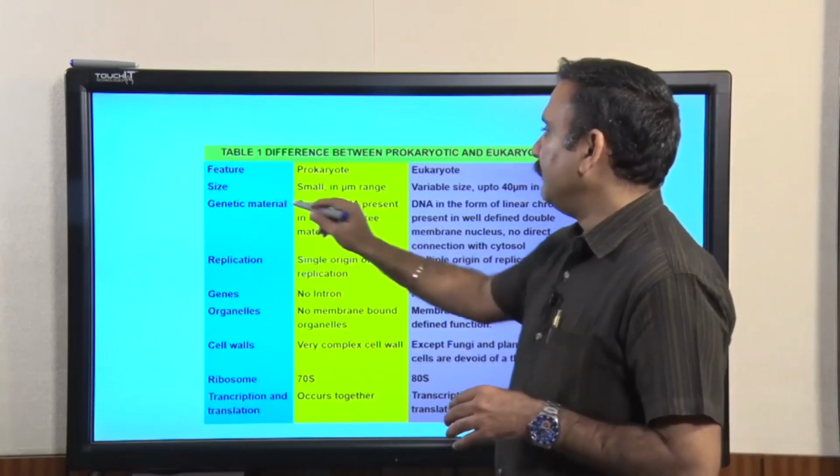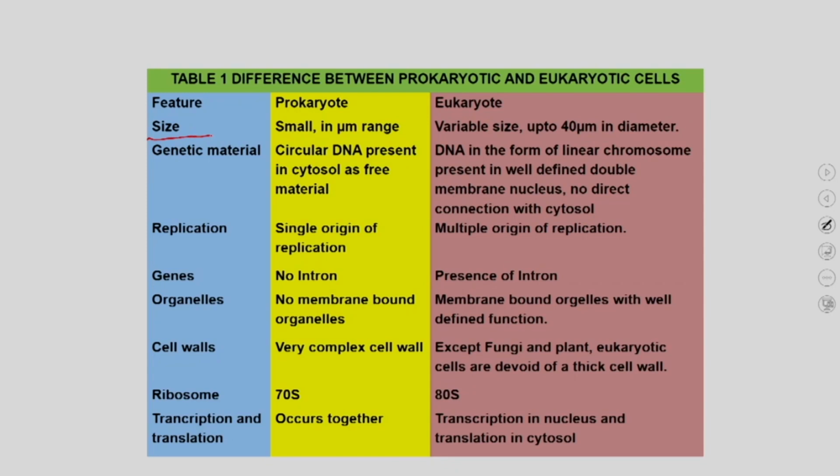One of the initial differences is that prokaryotes are small in size, in the micrometer range, whereas eukaryotes are of variable size. Some eukaryote cells are 10 micrometer, some are 30 micrometer, and so on. So, they could be larger in size.